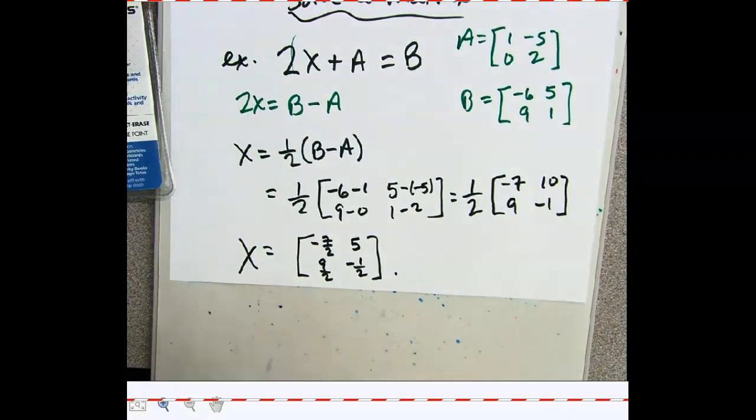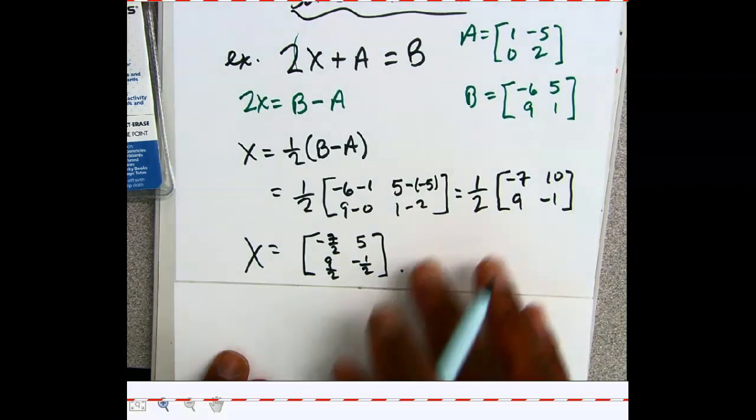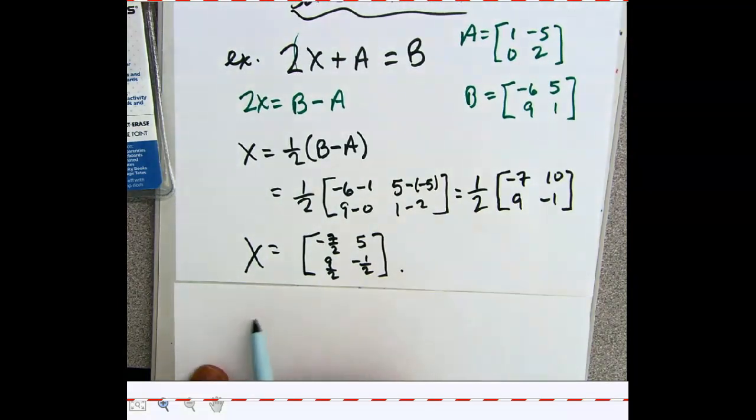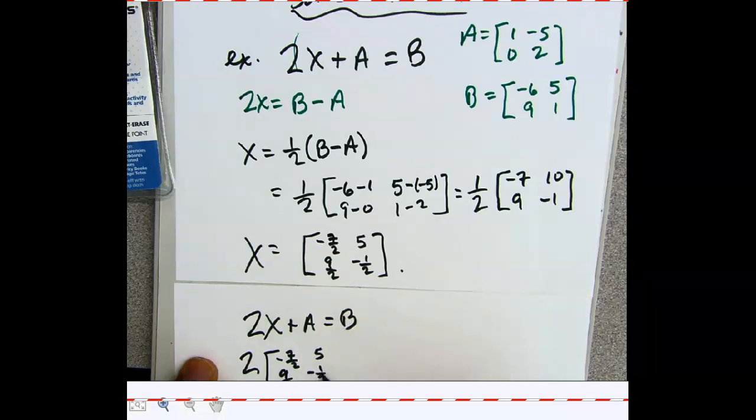Now, let's double check to make sure that this is truly the case. So we had 2 times matrix X plus matrix A is equal to B. So that would be 2 times -7 over 2, 5, 9 over 2, -1 over 2, plus matrix A, which was 1, -5, 0, and 2.